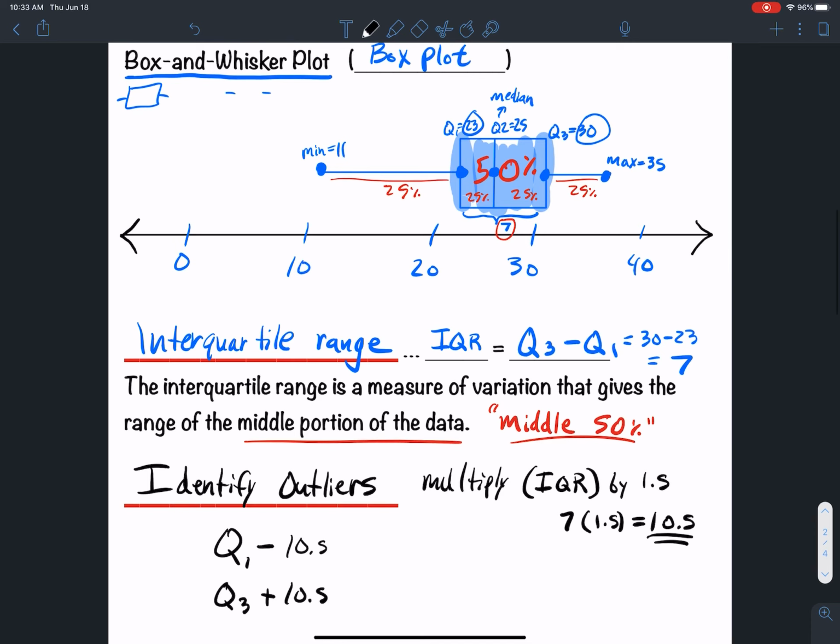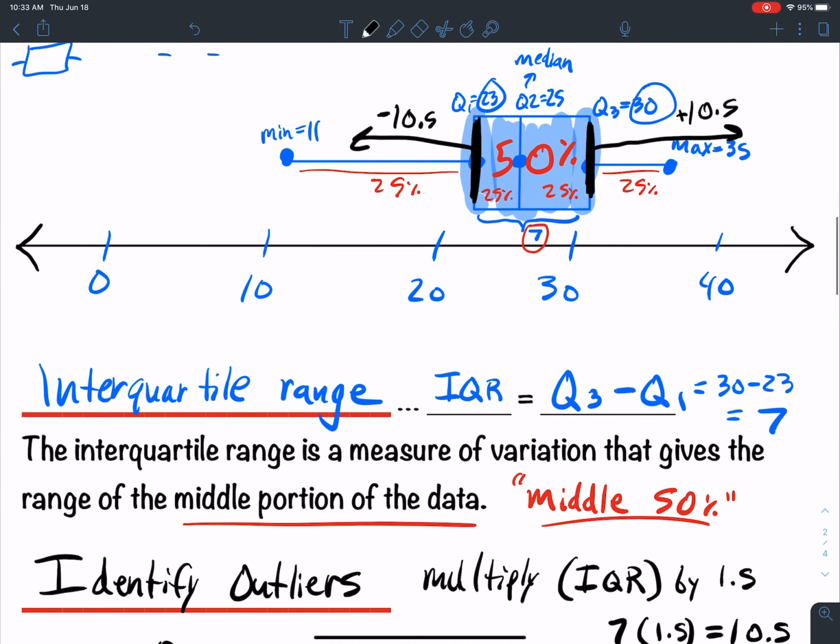So what does this mean? If I'm an outlier, that means I'm for sure outside of my inside range, but I'm outside of it by a distance of 10.5 this way, so I have to subtract 10.5, and I'm outside of it by a distance of 10.5 the other way, meaning I add 10.5. So the question is, where do I fall?